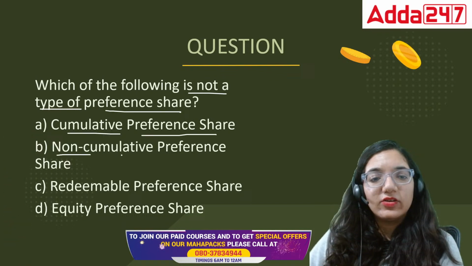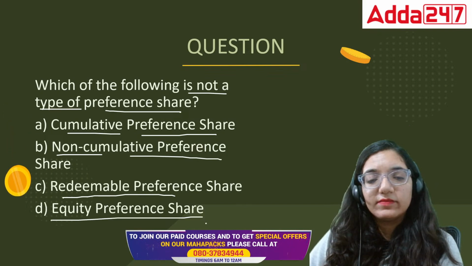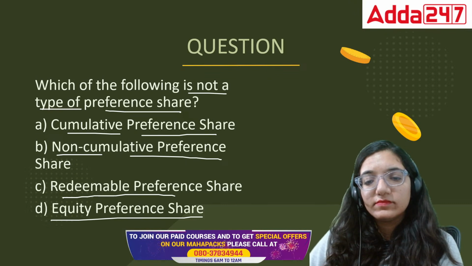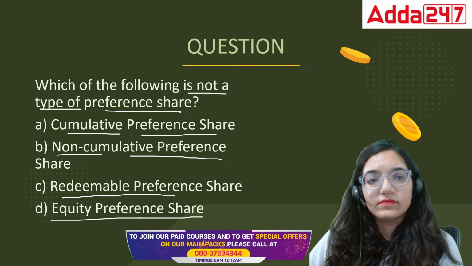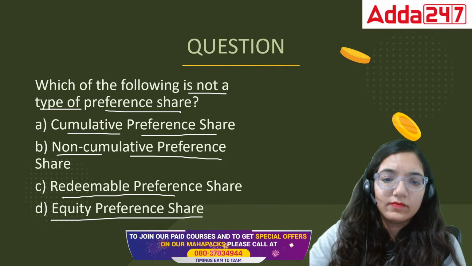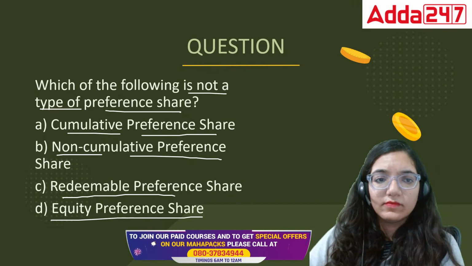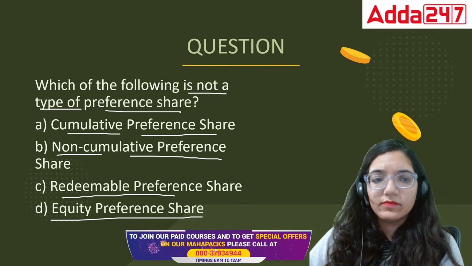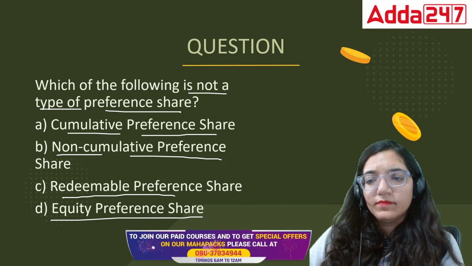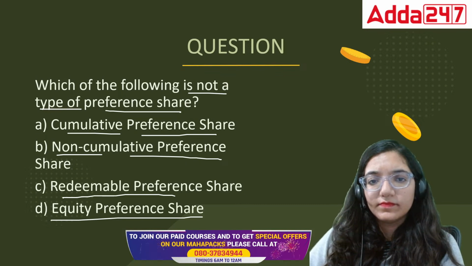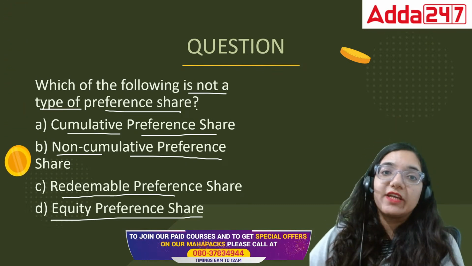Cumulative preference share, non-cumulative, redeemable, or equity?